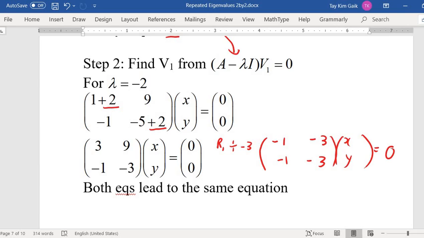So these two equations with two unknowns reduce to the same equation. If I multiply by negative 1, I get x plus 3y equal to 0. So we let x equal to negative 3y.